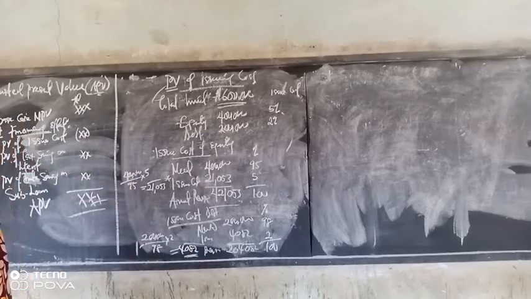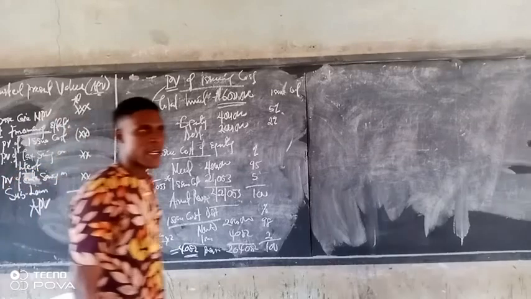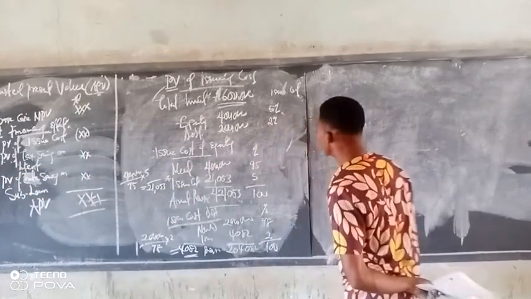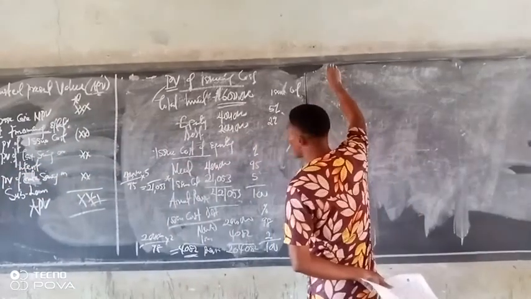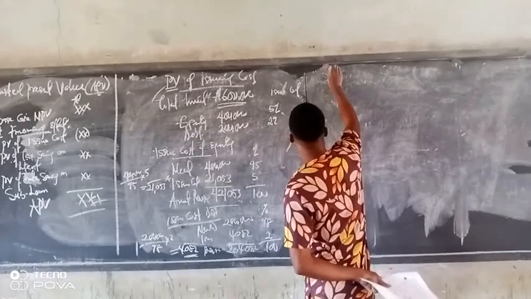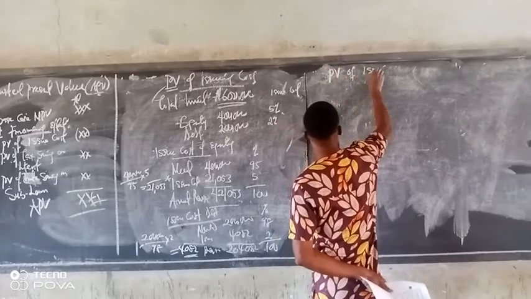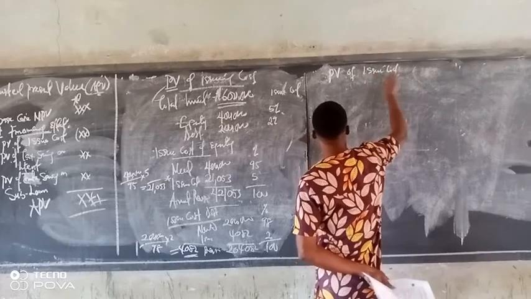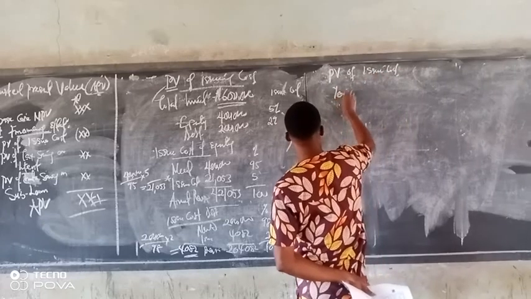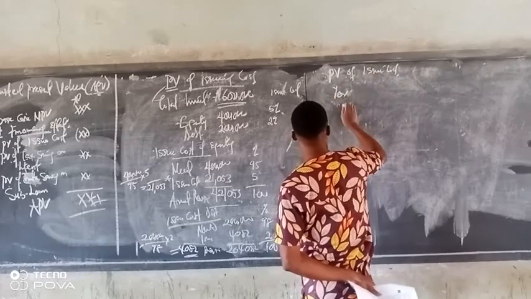Now, how do we establish this? Don't forget the PV. We are looking for the present value, so the PV of EU cost. When are you going to need it?